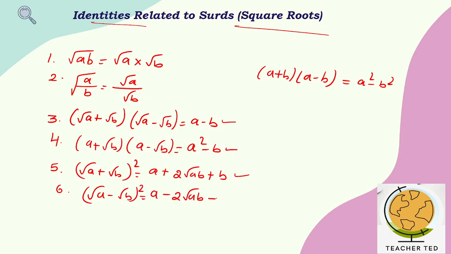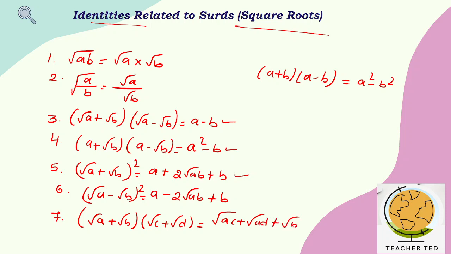And the last identity is root A plus root B into root C plus root D gives root AC plus root AD plus root BC plus root BD.